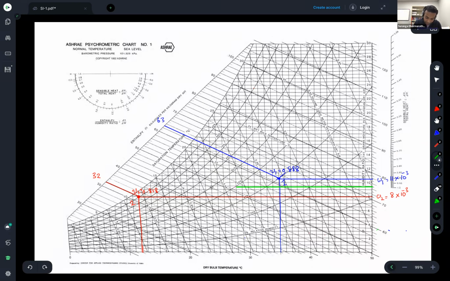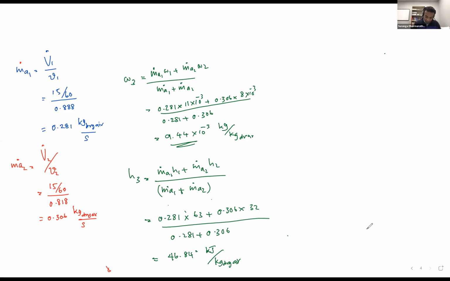Okay. And then also the enthalpy, we found enthalpy is equal to 46.84. So 46.8, that's close to 47. So let's say 47, and then the other one is 9.5.